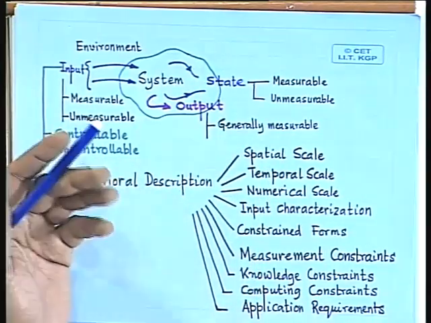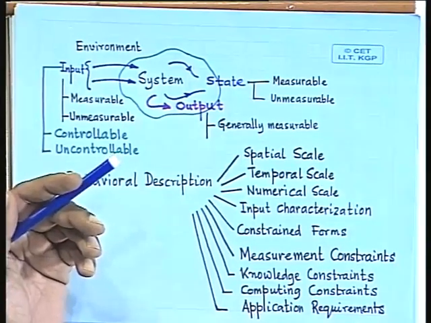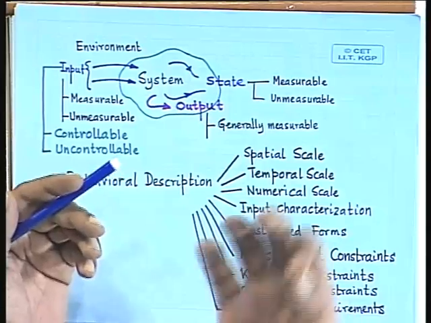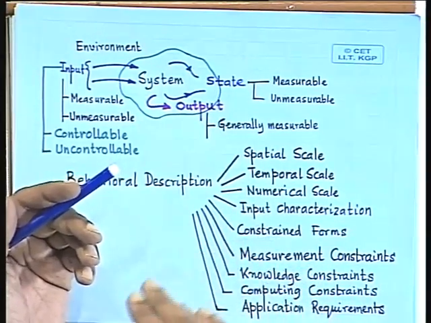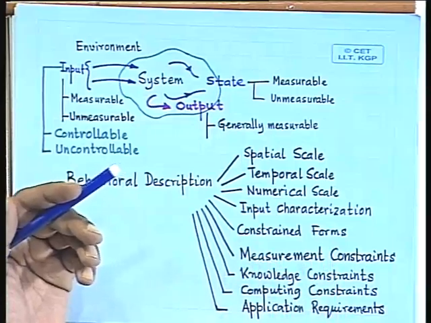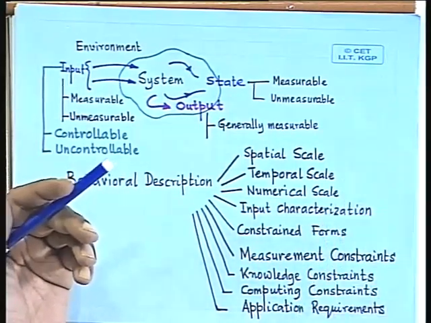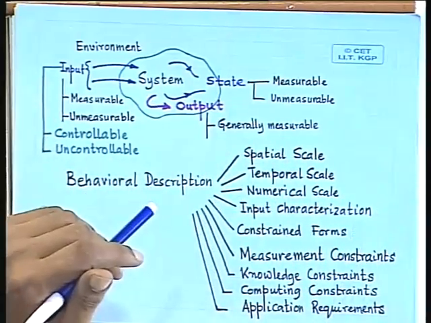In another situation you may be able to measure it, but for the purpose for which you are building the model, you may not be able to measure some inputs. For example, if a machine is running, you may not be able to measure many things inside it. If you happen to stop it and really take it apart, you may be able to measure so many things.